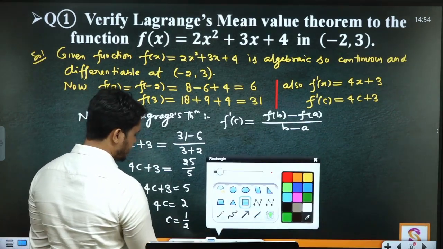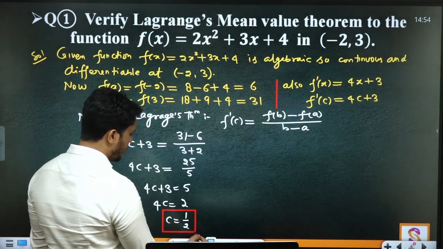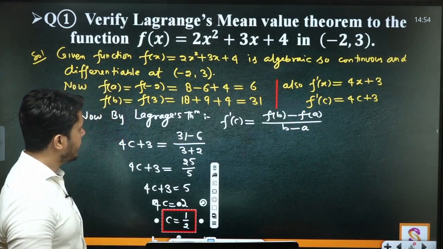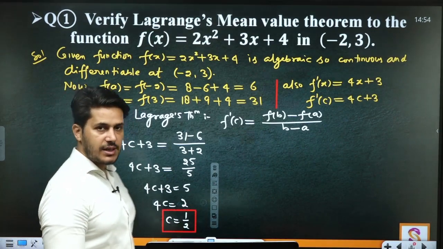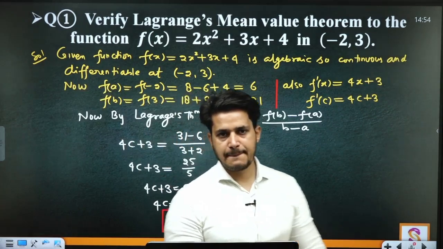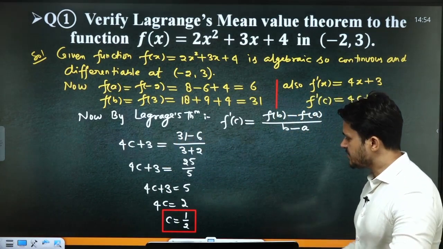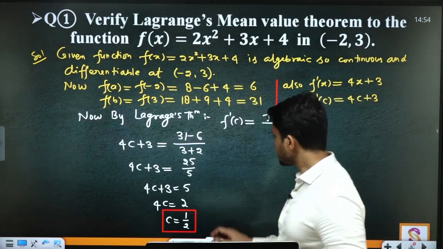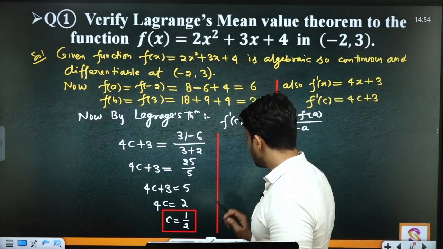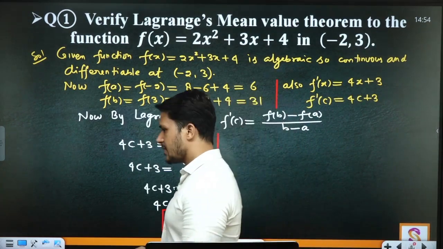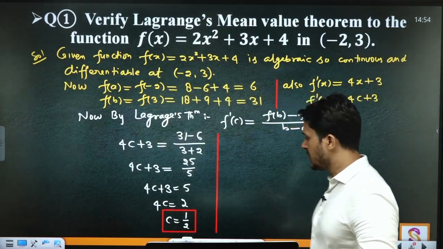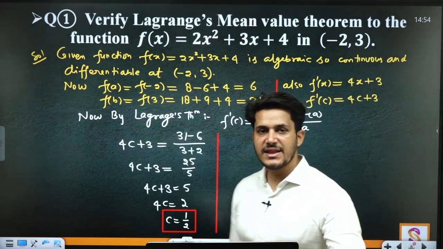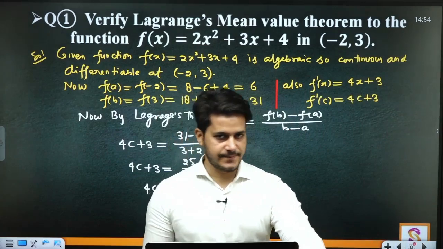अब ध्यान से देखो इसे, c equal to 1 by 2. Is this value lies between -2 and 3? Yes, obviously. -2 और 3 के बीच में 1 by 2 तो आता ही है. That's why you can say that there exists a value c equal to 1 by 2, which is in between the interval -2, 3.